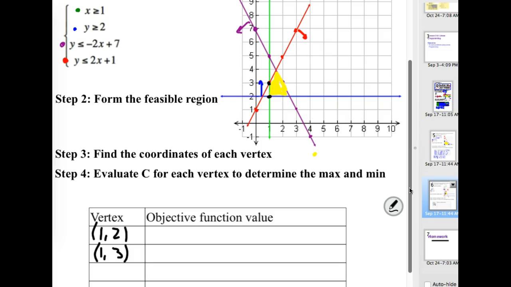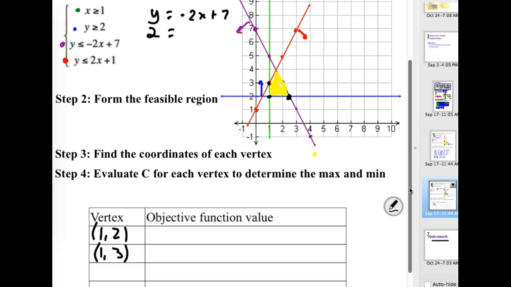So for this one, let's start here. Because we know that that blue line is saying that y has to be a 2 there, right? So if we look at our purple inequality and say that we know the y coordinate has to be 2 here, what would be my x coordinate? Then we can plug a 2 in for y and get our x. Does that make sense? So I'm going to use this one. We know that the y value has to be 2 where those intersect, right?